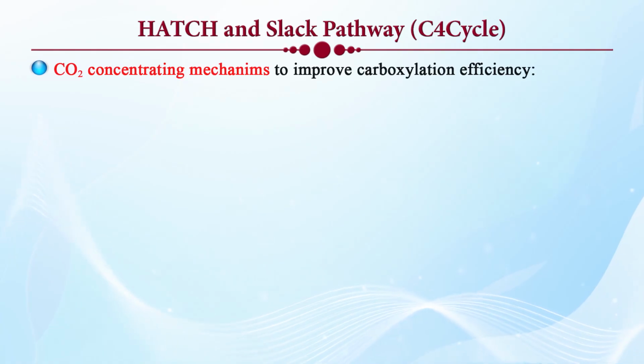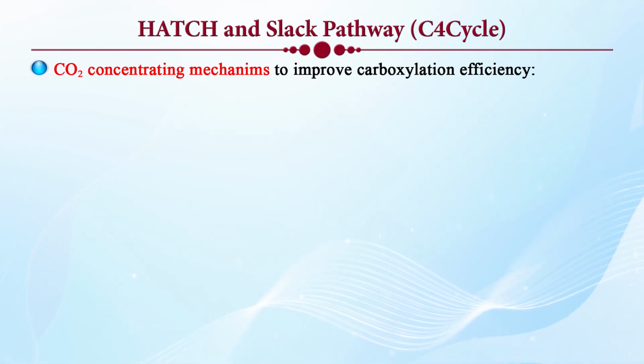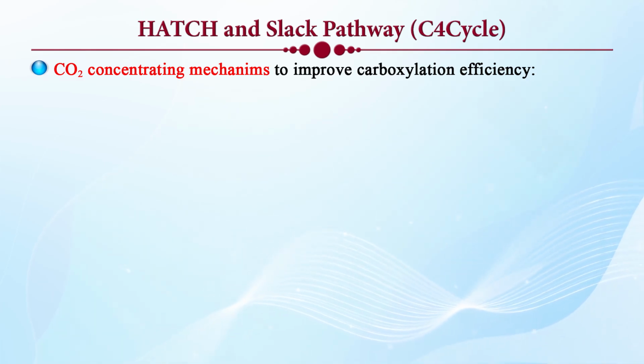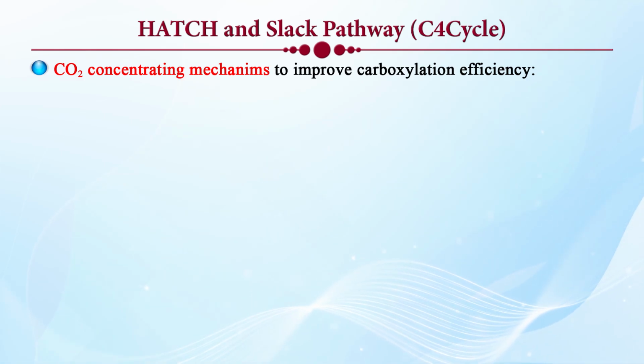So in other words, the evolutionary natural selection machinery would have evolved certain CO2 concentrating mechanisms, so as to induce more and more improvement in carboxylation efficiency.